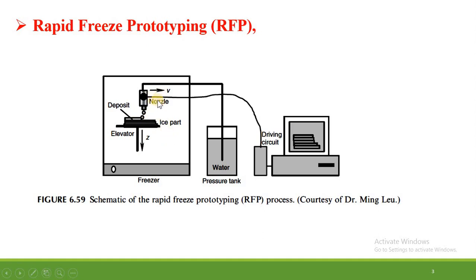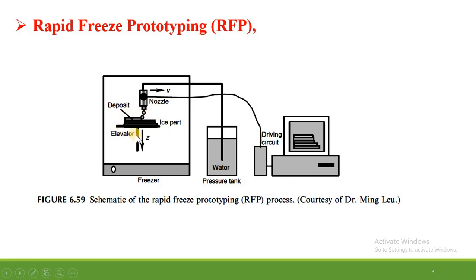The nozzle is connected to a driving circuit to control the motion of the nozzle. This driving circuit is connected to our computer package, where the software helps us to control the direction and motion of the nozzle. The nozzle is provided with a pressurized water tank, from where water is pressurized into the nozzle, and as per the program given to the computer it will move the nozzle and the 3D geometry is created.